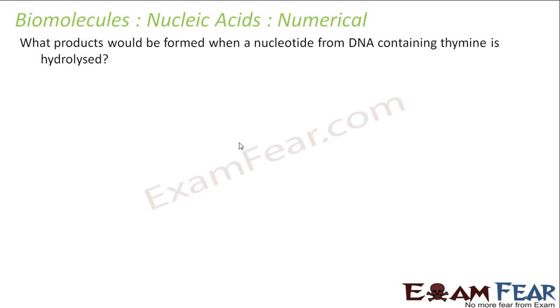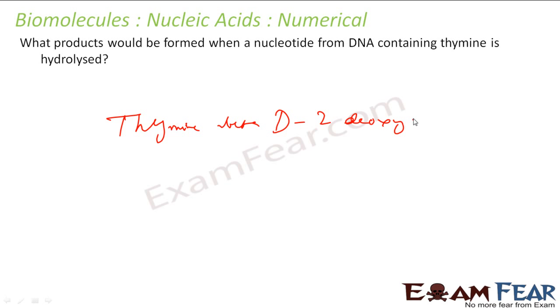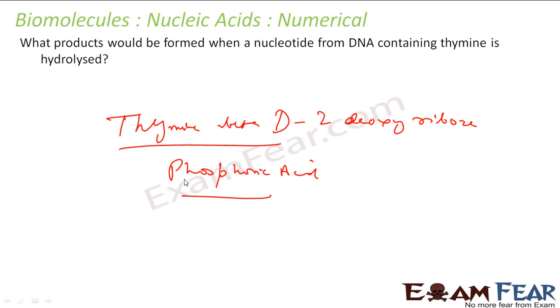The next question is, what products would be formed when a nucleotide from DNA containing thymine is hydrolyzed? Thymine will give thymine, beta-D-2-deoxyribose, and phosphoric acid.